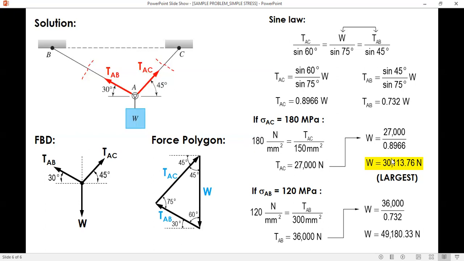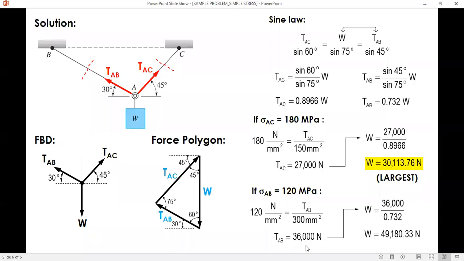Now, if we will use this value for EB, 30,113.76 newton times 0.732, we will get a value of TEB less than 36,000. Okay? 30,000 times a value less than 1.